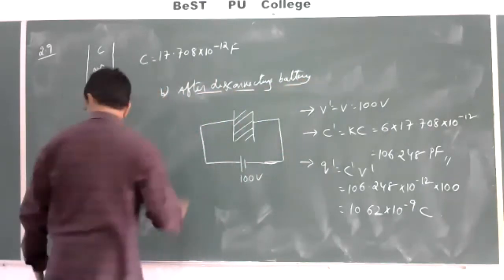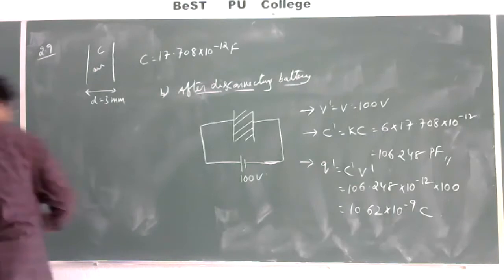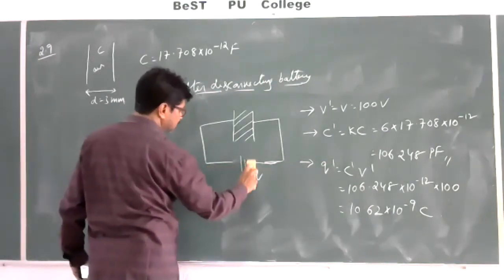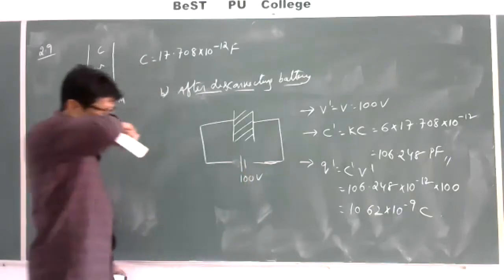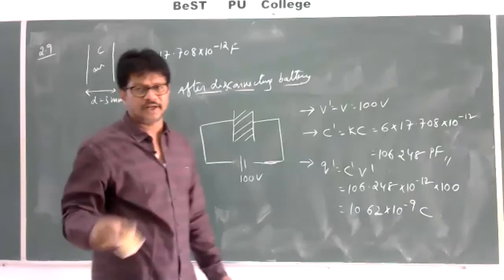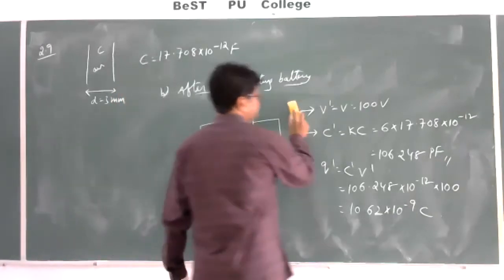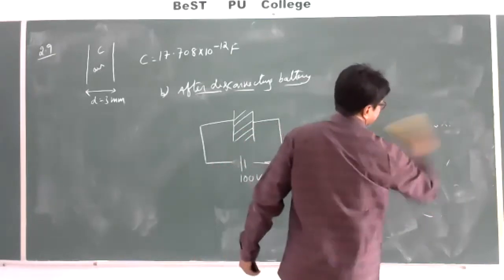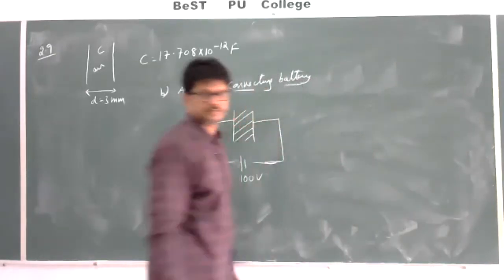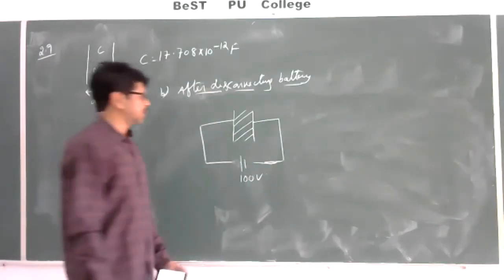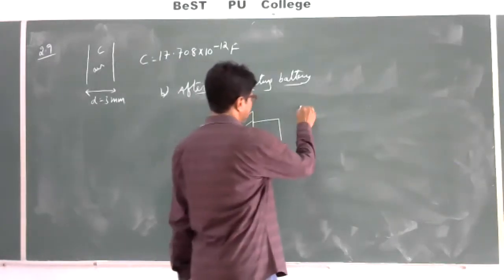First he disconnected the battery, and after that he introduced a dielectric. Then after disconnecting the battery, which parameter remains constant?